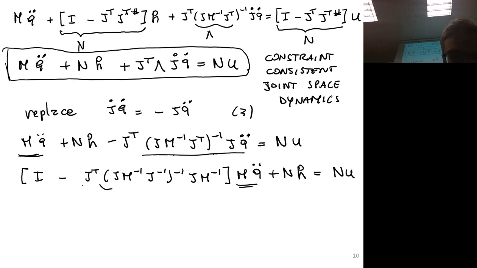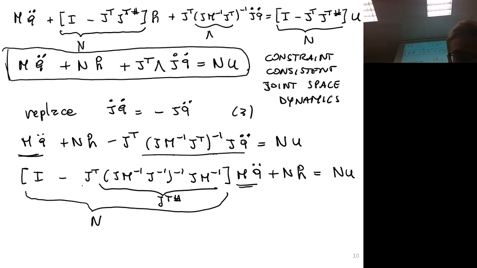And this is, again, nothing else than the J transpose pseudo inverse, so this is N. So in essence, if we collect, we are just projecting all the joint space dynamics with this matrix N.